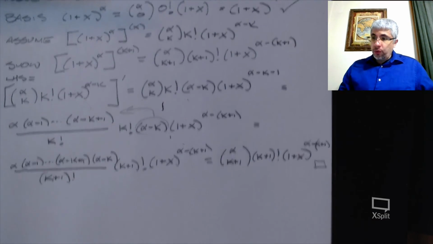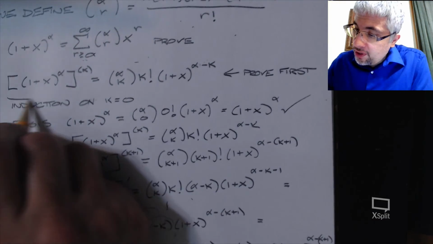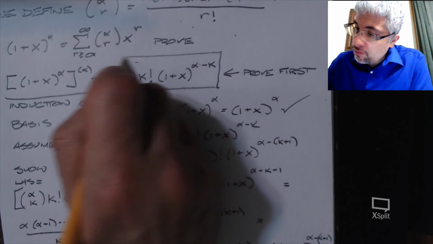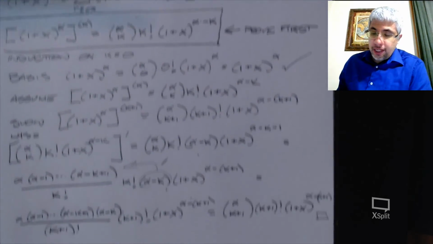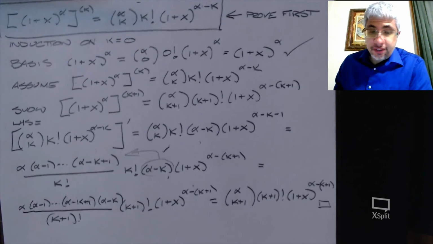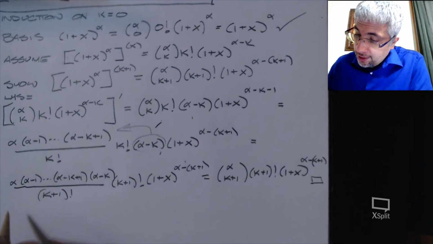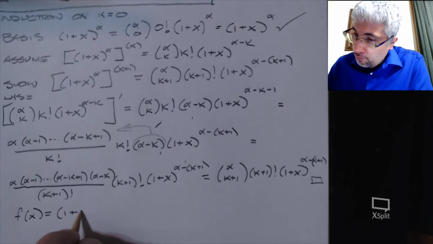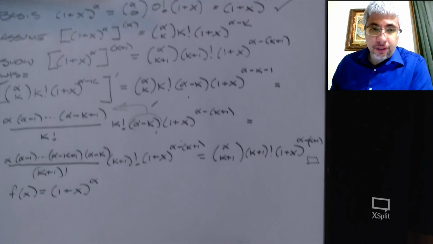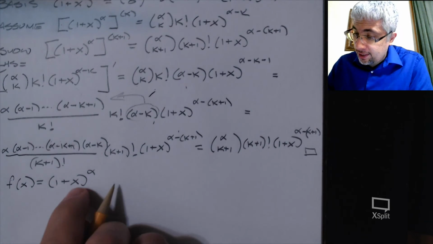Okay, so what did we show so far? We've shown this. So now, let's use Taylor series. We're going to use Taylor series on this. So we're going to let f of x be 1 plus x to the alpha. And I'm going to apply Taylor series.